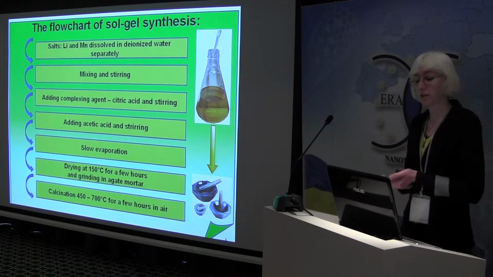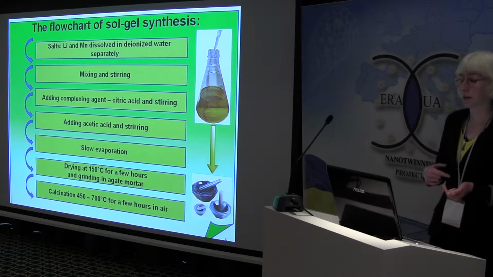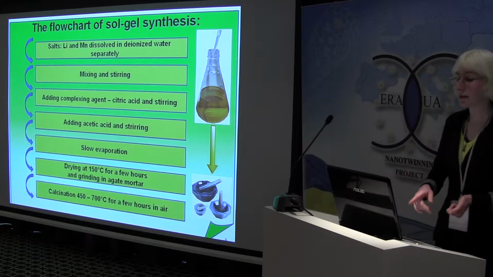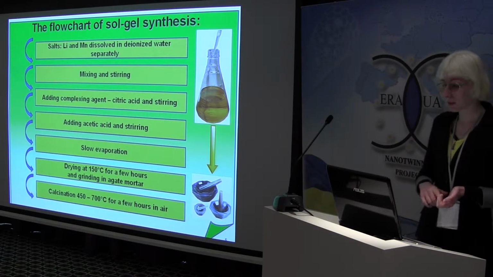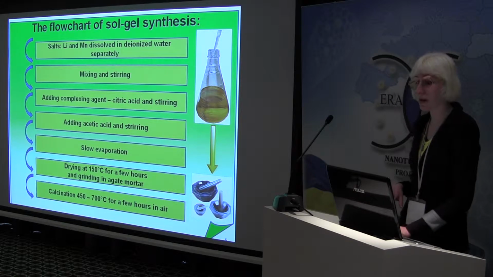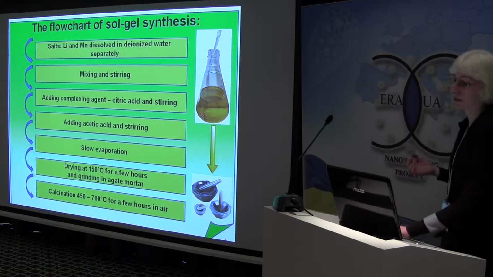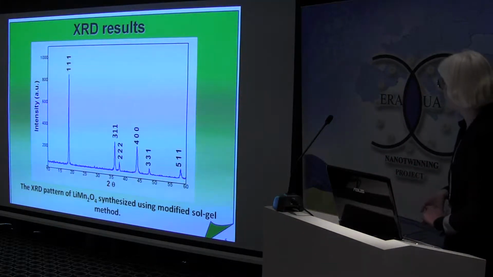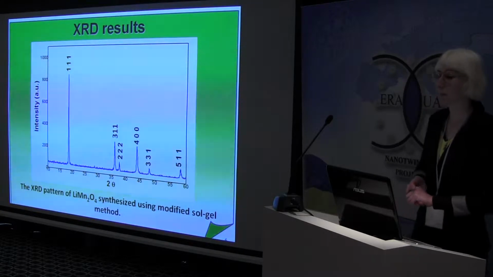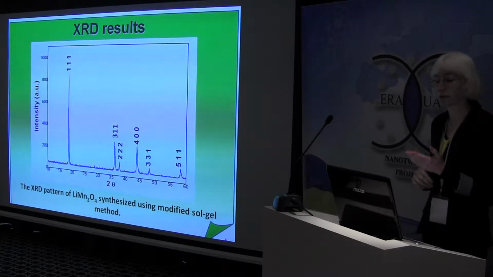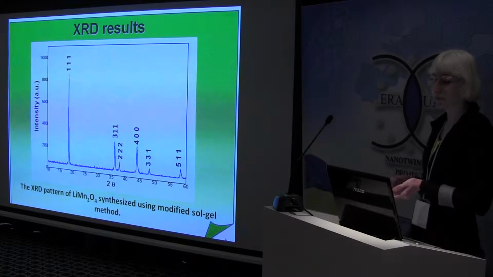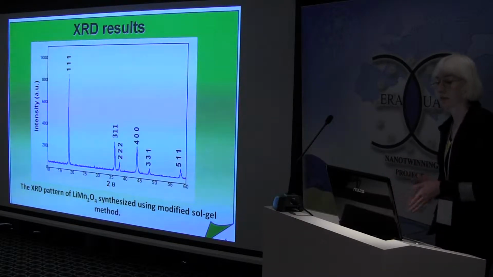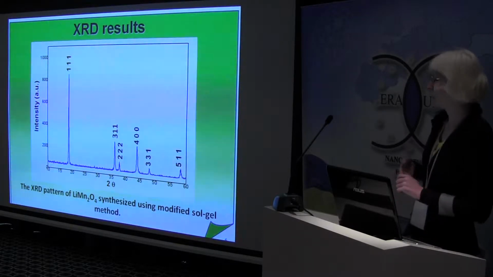This material, the xerogel, is calcined in this temperature range for a few hours in air, and we obtain single-phase nanocrystalline lithium manganese oxide. Here you can see the X-ray powder diffraction results obtained for lithium manganese oxide synthesized by the modified sol-gel method.